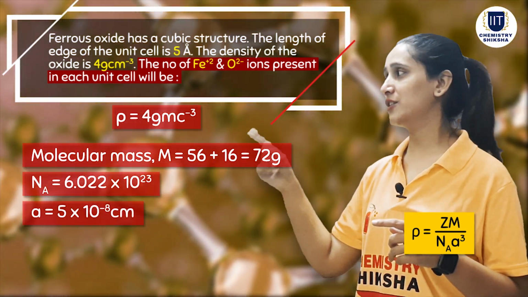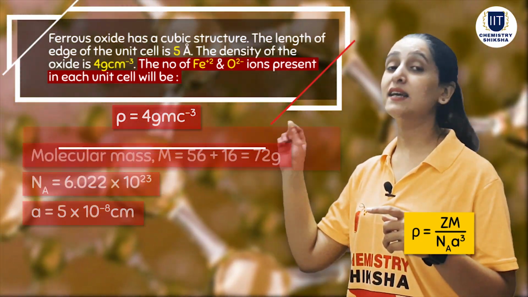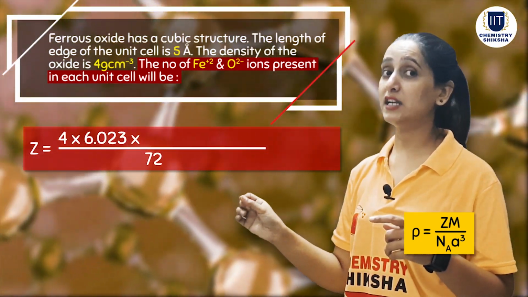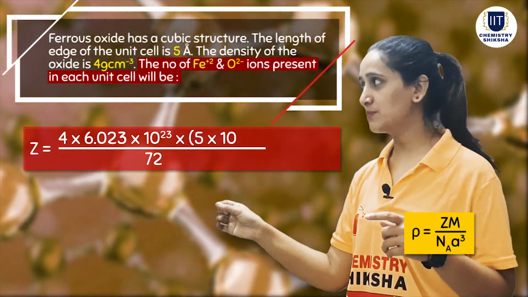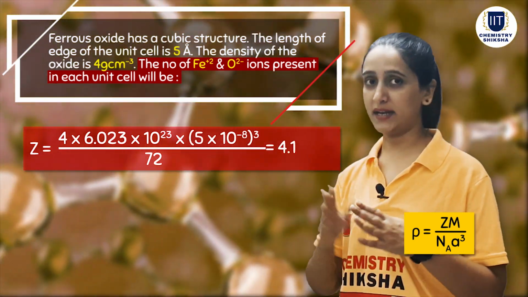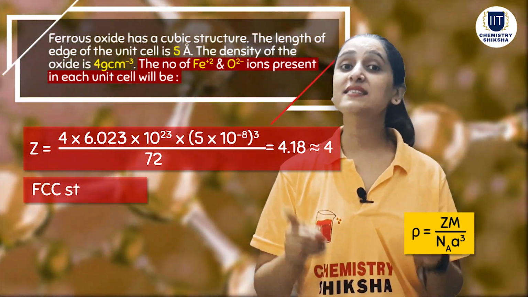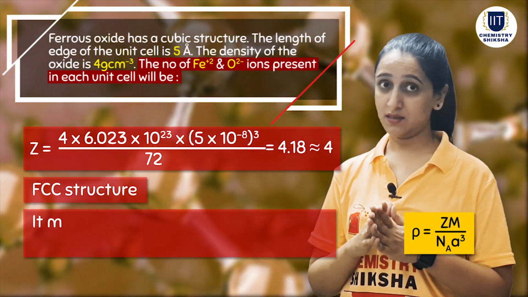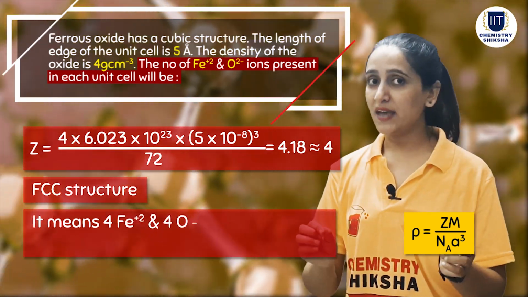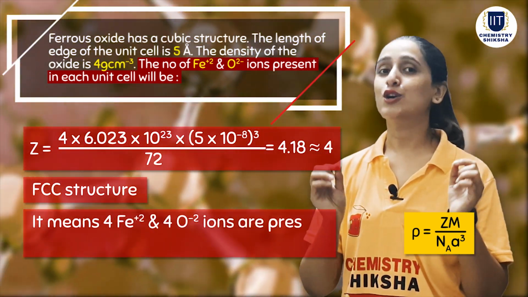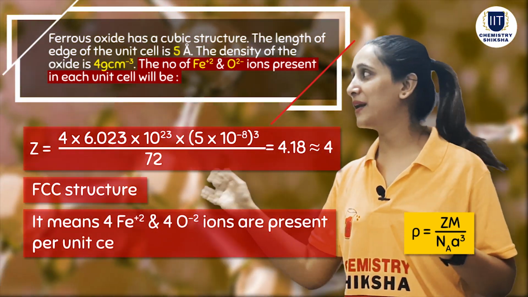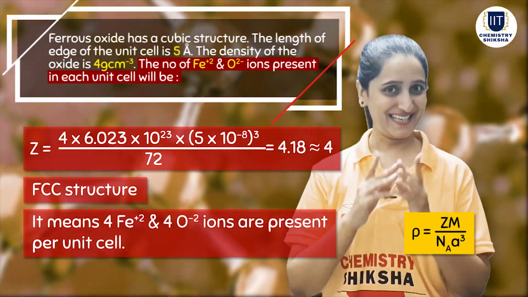So reshuffling the values, we get Z, which is the number of atoms per unit cell, as 4.18, which is approximately 4. It means it is a face-centered cubic crystal. It means 4 ferrous ions and 4 oxide ions are present per unit cell. Is it clear to you?